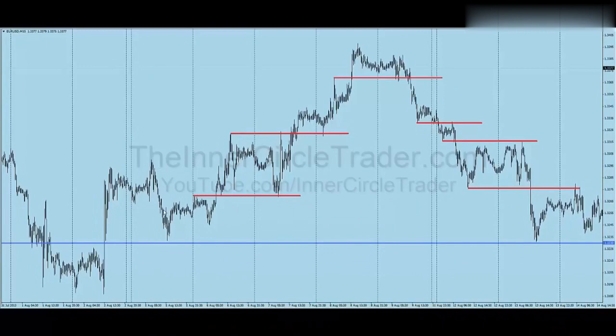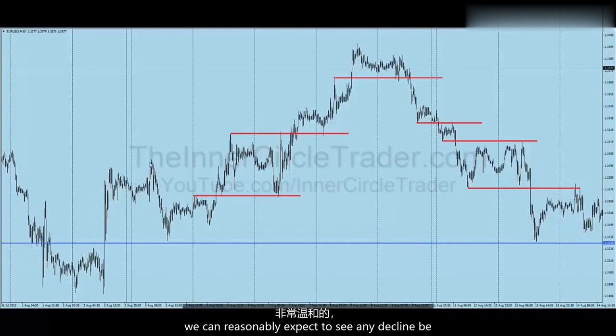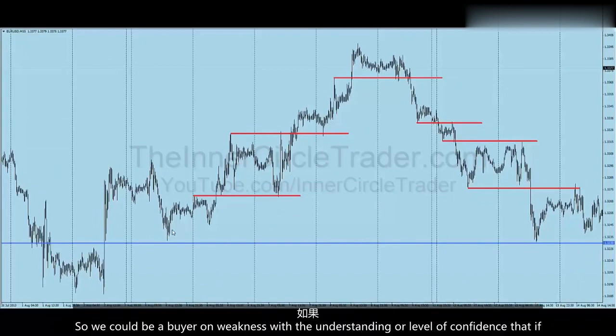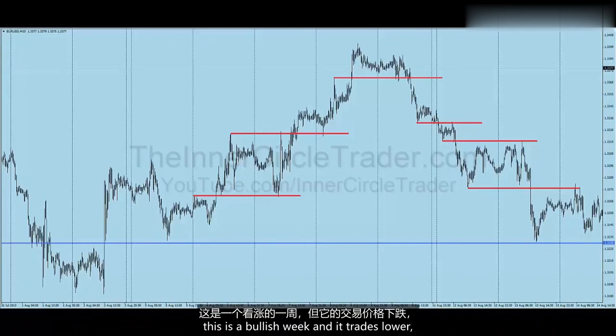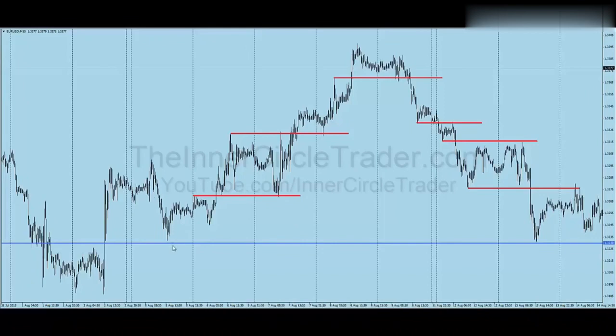If we're bullish, we can reasonably expect to see any decline be very modest. So we could be a buyer on weakness with the understanding, or level of confidence, that if this is a bullish week and it trades lower on Monday or Tuesday, we could be a buyer if it finds support.